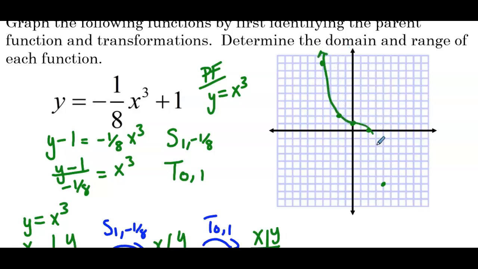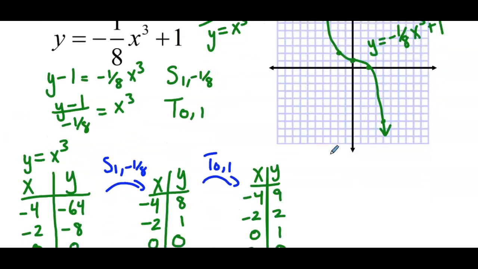So we connect our points, and there we have the graph of y equals negative 1/8 x cubed plus 1. We can see that it's been scaled, reflected, and translated. So the domain here is all reals, negative infinity to infinity. The range is also all reals, negative infinity to infinity.